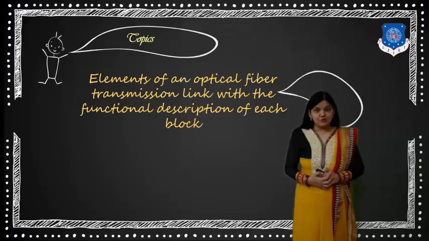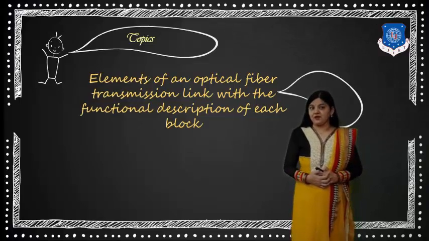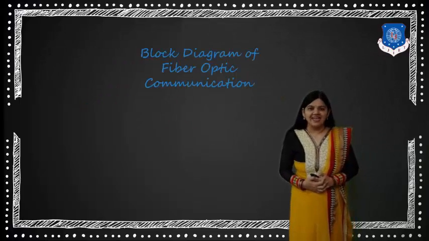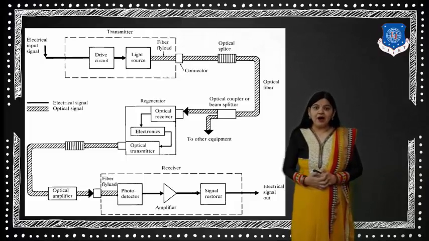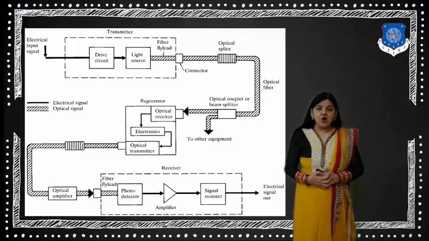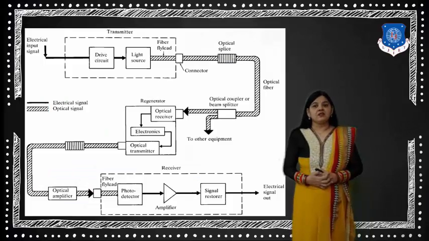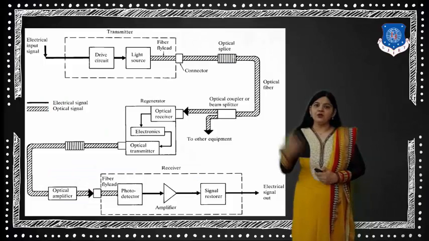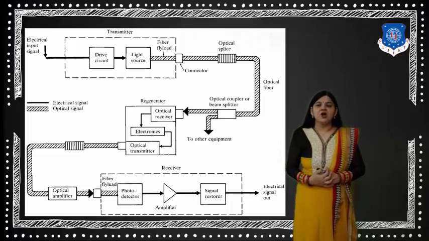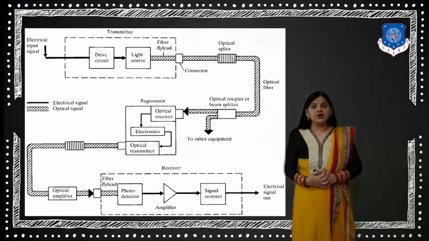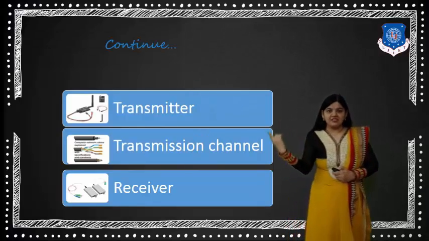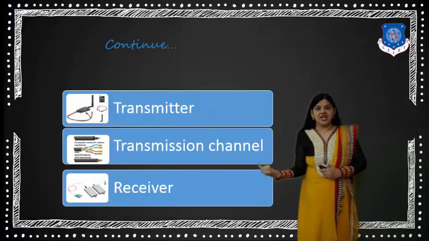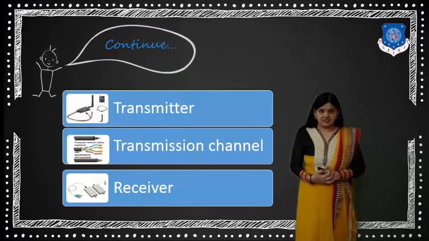It is a light pipe transmitting the information in the form of light. Now here you can see the block diagram of the optical fiber link, which consists of the transmitter, transmission channel and the receiver.